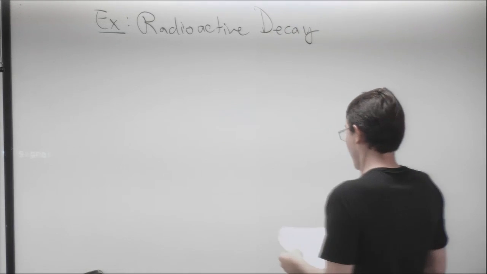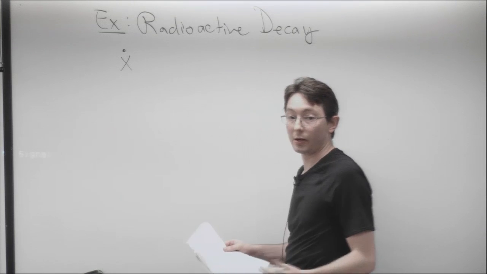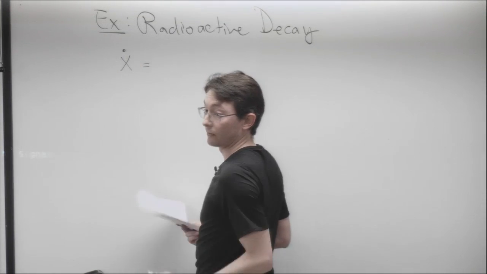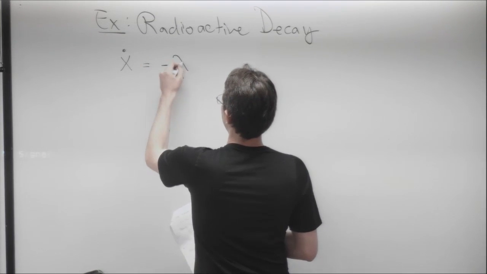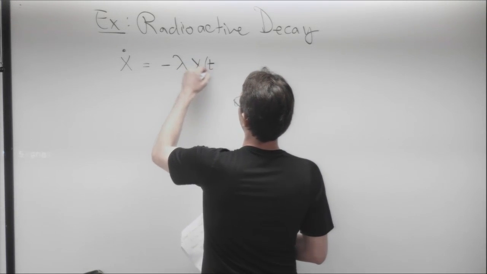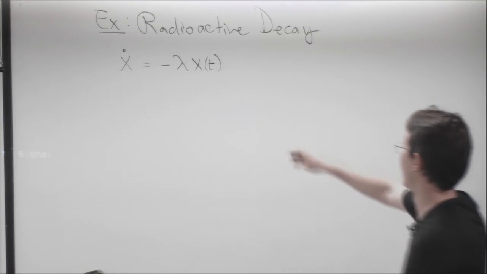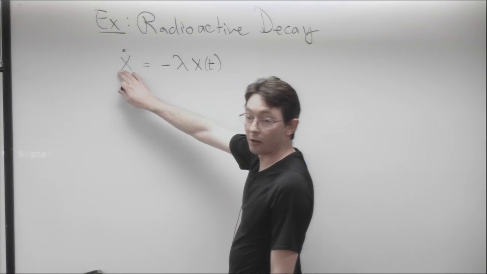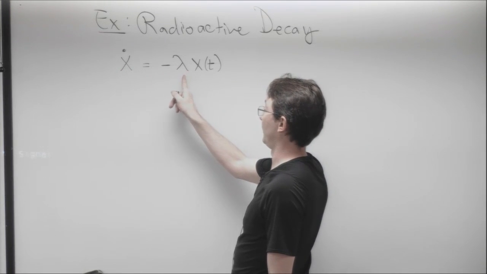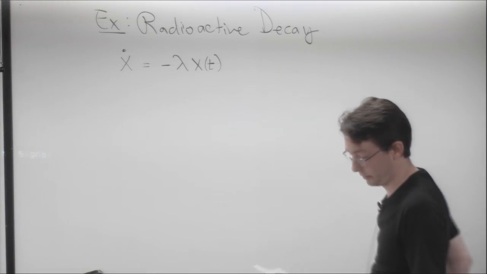So radioactive decay, we can say that the amount of radioactive isotopes is decaying. It's decreasing at a rate that's proportional to the size instantaneously of that pool of radioactive waste. Okay, so the number of isotopes is decreasing at a rate proportional to the number of isotopes. There's breaking occasionally.